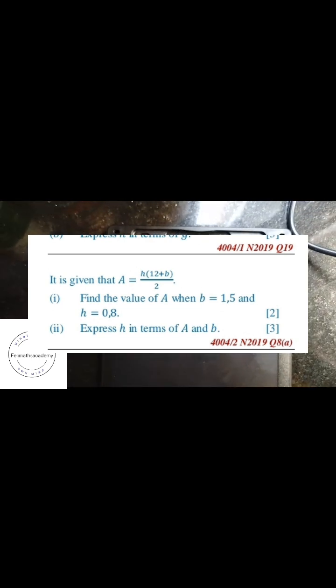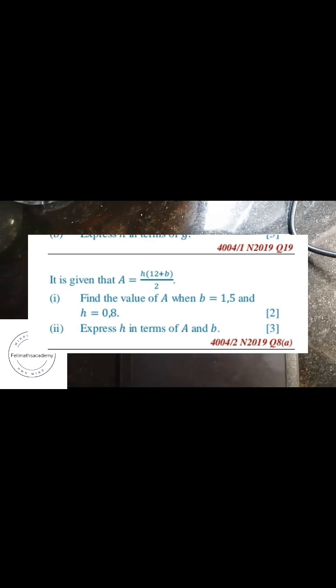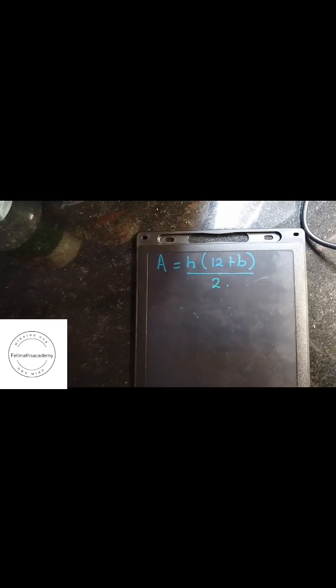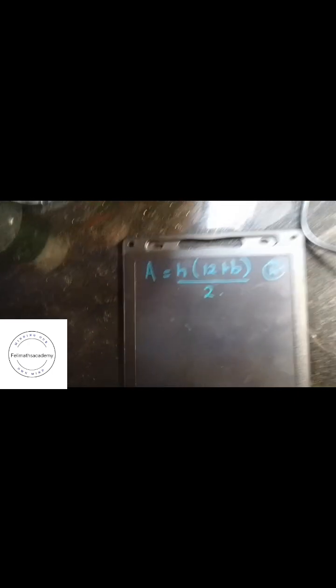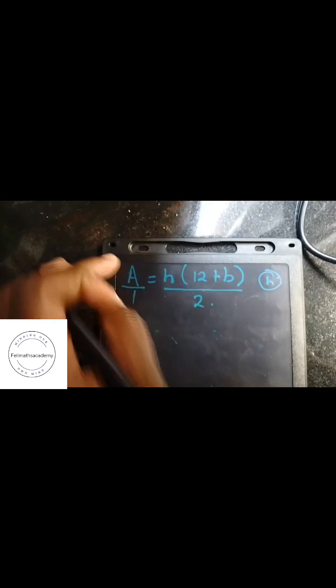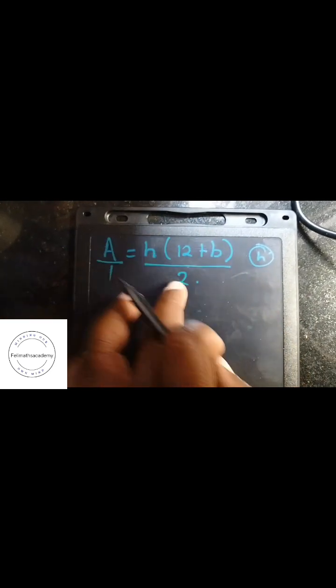So we want to express H in terms of A and B. So this is just the same as A over 1. We have one fraction on this side and another fraction on that side. So we can cross multiply, right?